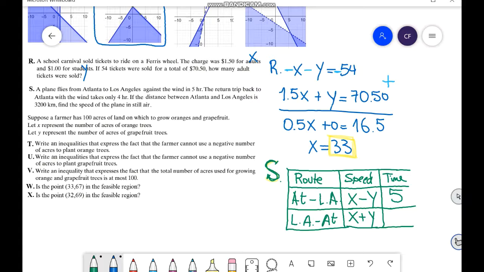Spent 5 hours. And from Los Angeles to Atlanta was faster, just 4 hours. And finally, the distance. The last thing that we're going to include here on our table is the distance, equal for both legs, 3,200 kilometers. We are working here in kilometers.